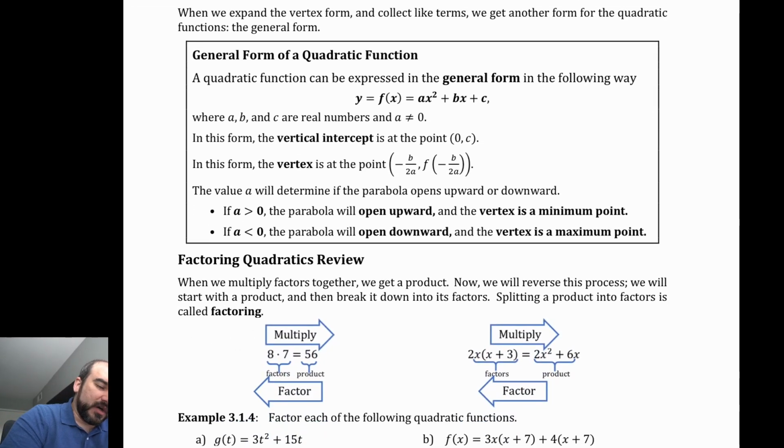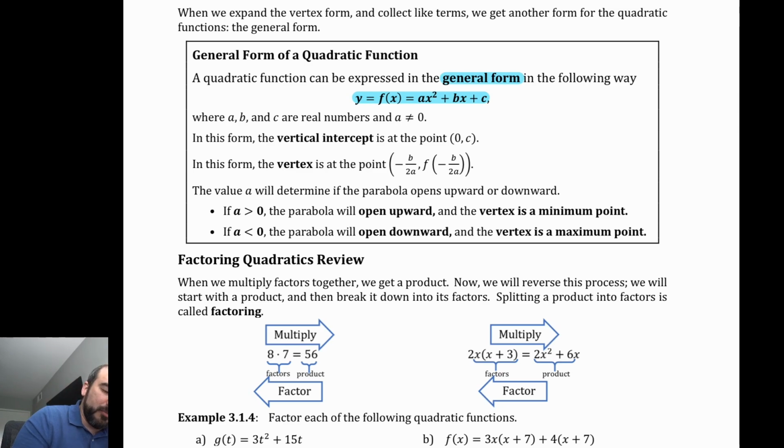I want to talk about the general form. The general form of a quadratic will be in its multiplied out form, where it's not factored into the nice vertex form. Here, if we have a quadratic in this form, the general form, we can still find the vertex and the direction in which it opens.